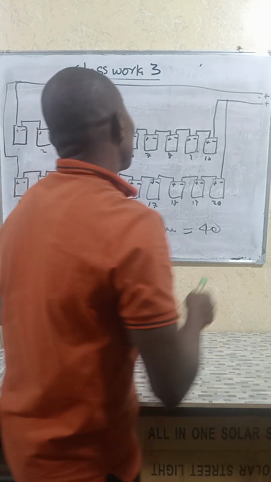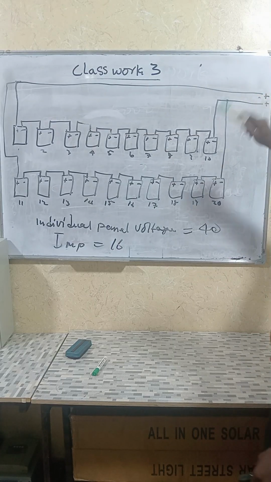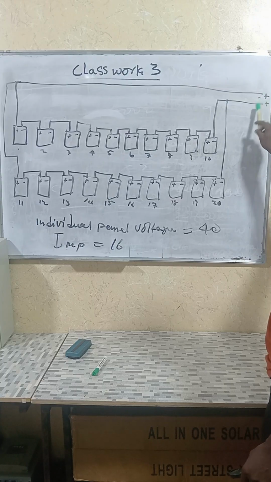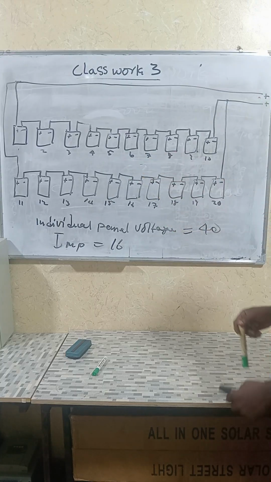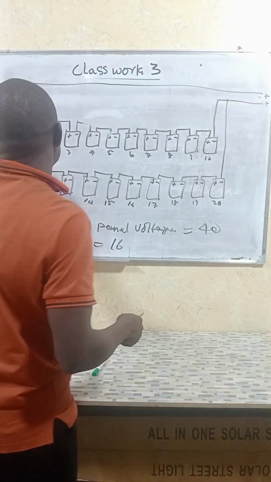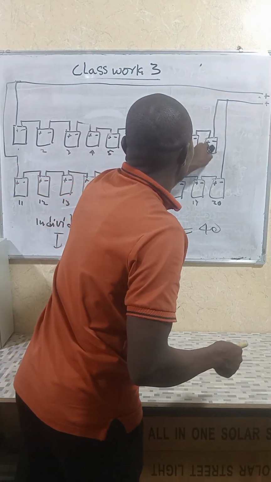So now we want to know how many volts will come here and how many amps are expected here with this configuration. With this configuration, you add 1, 2, 3, 4, 5, 6, 7, 8, 9, 10.